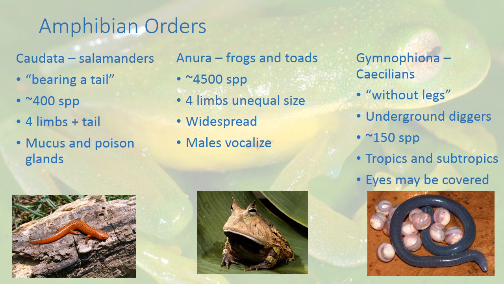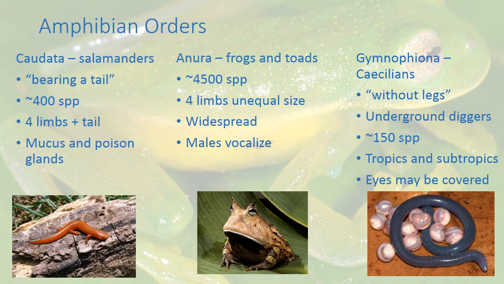And the final order is Gymnophiona, and these are the caecilians, and that name, caecilian, means without legs. And these guys, as you can see down here, this ultra creepy picture of one, they don't have any arms or legs, no limbs, and they live underground.